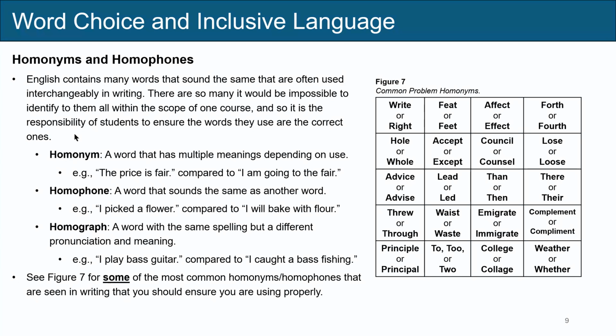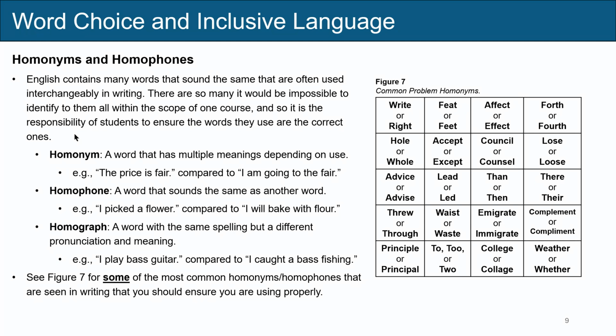Now, some of the most common homophones or homonyms I see are listed to the side here, but if you ever do a Google search on common homophones or homonyms, you will get an insanely long list. There are lots of them in writing. So one of the ways that you can check for this is by, again, using tools that are available to you.